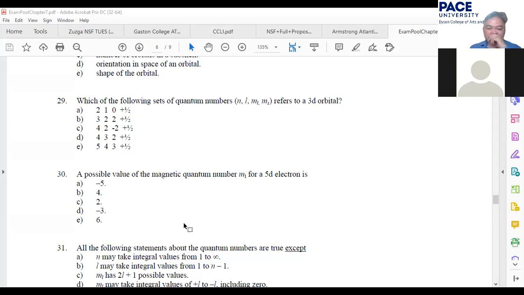So in this case, what's the possible value that you have here? Can I say C? Does that make sense?